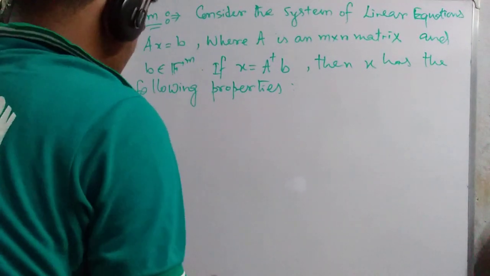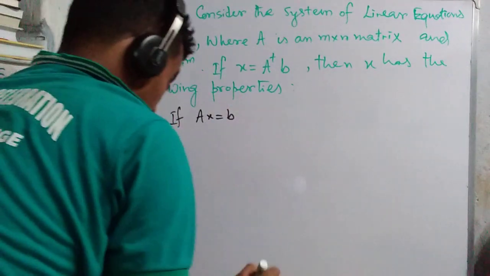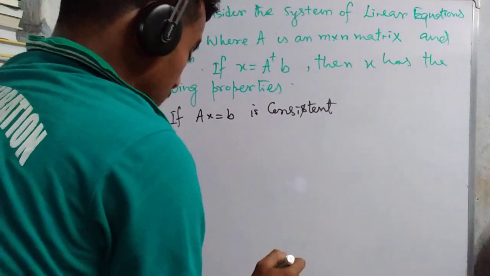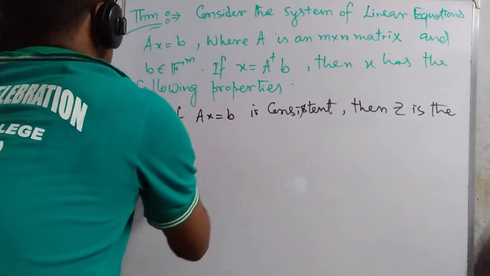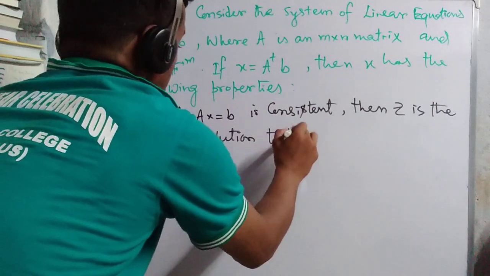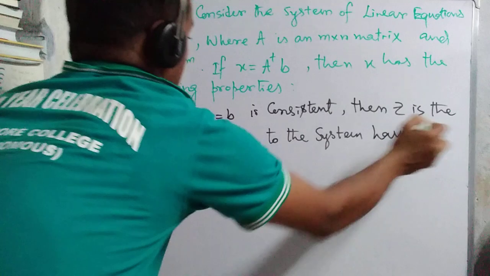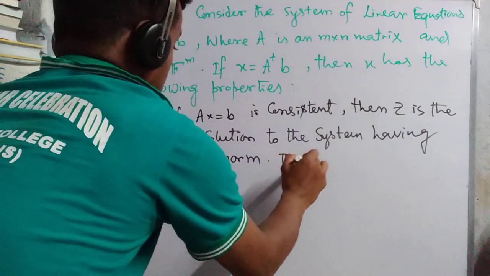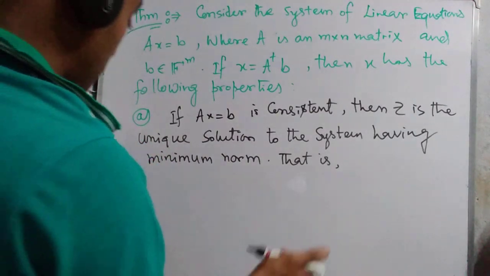First one, option a: if Ax equals b is consistent, then z is the unique solution to the system having minimum norm.